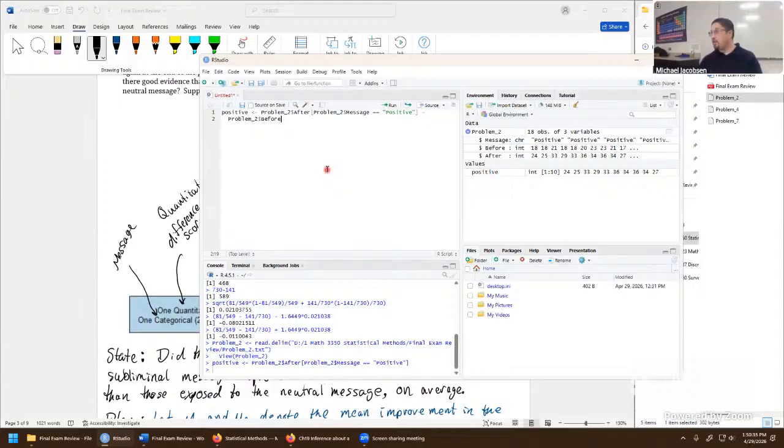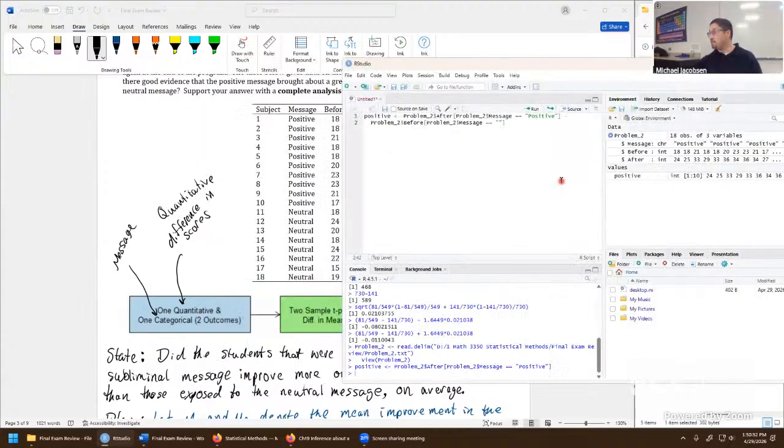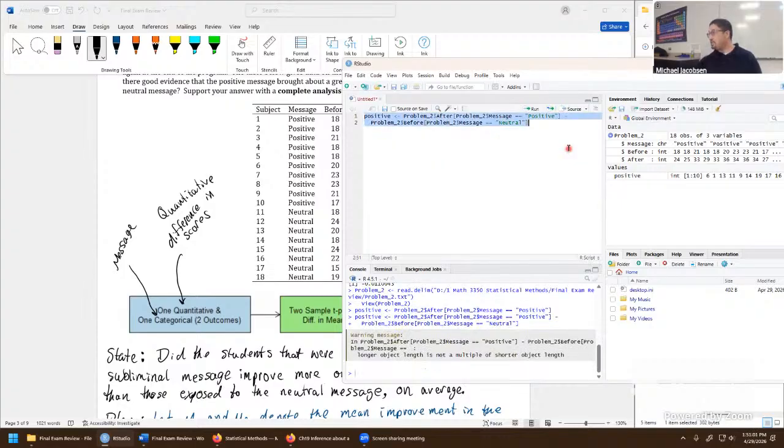Then go a bracket here to subset in, problem 2 $, select the message. Make a comparison check, make it exactly equal to, it should look just like that, neutral. So now it's going to form the pairwise differences. Let's run this, see what we get.